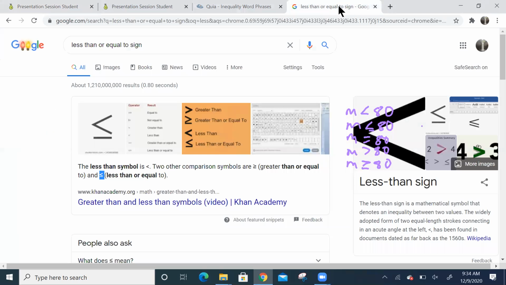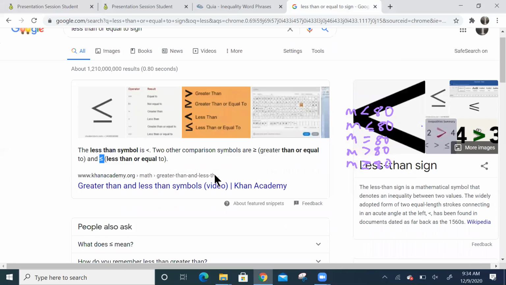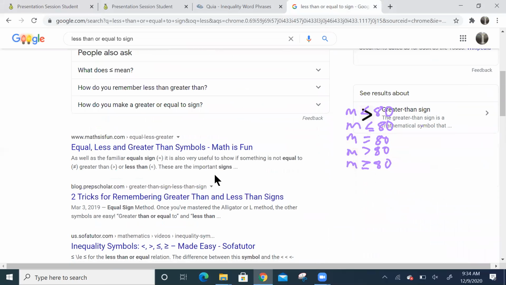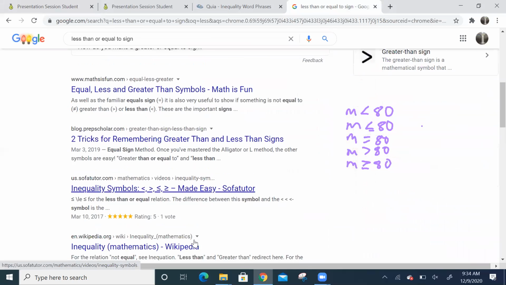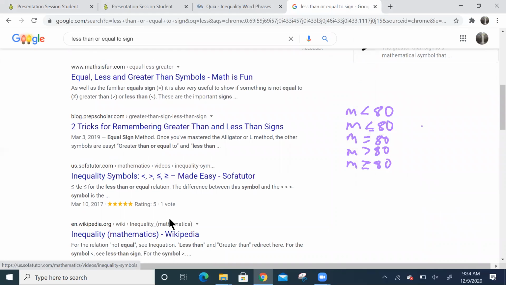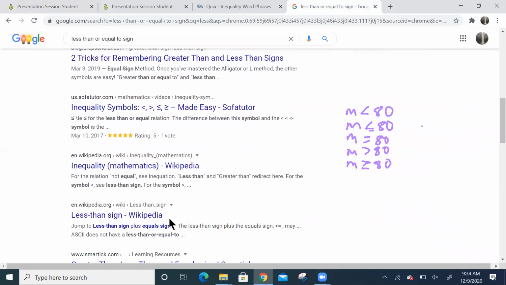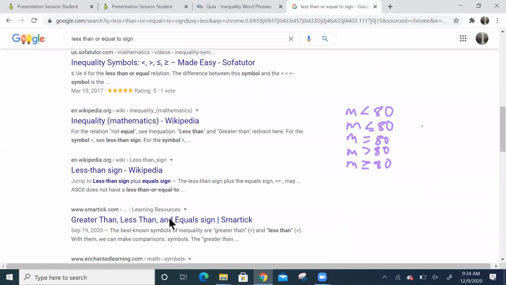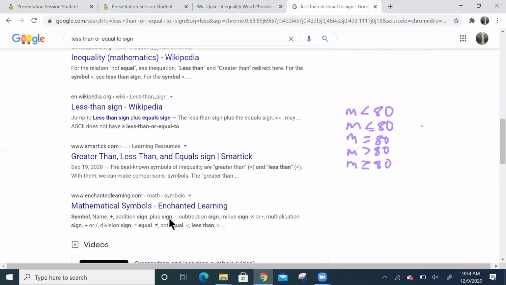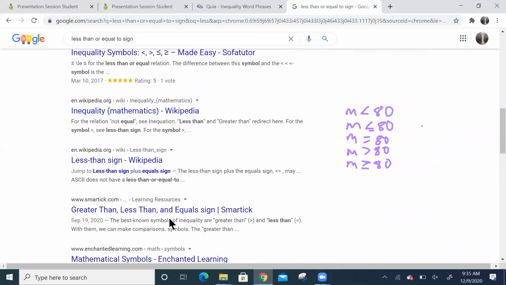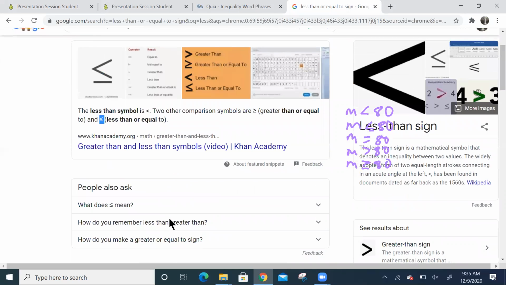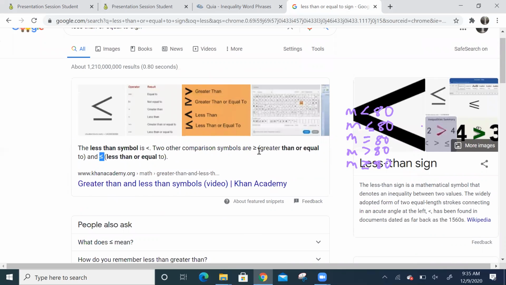So let me go get this other symbol. Oh, here it is, greater than or equal.